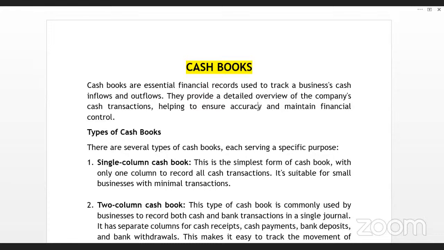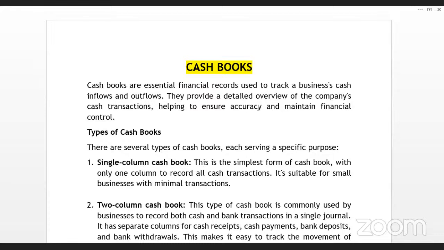These cash books provide a detailed overview of the company's cash transactions, helping to ensure accuracy and maintain financial control of the business. As we have said, a cash book is a book of original entry that records cash inflows and outflows, or cash receipts and payments.